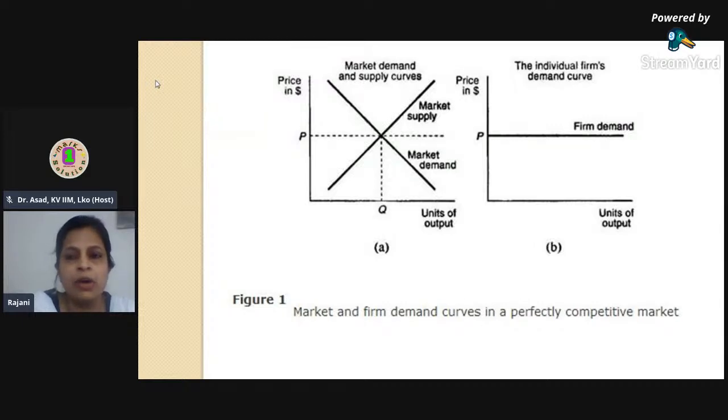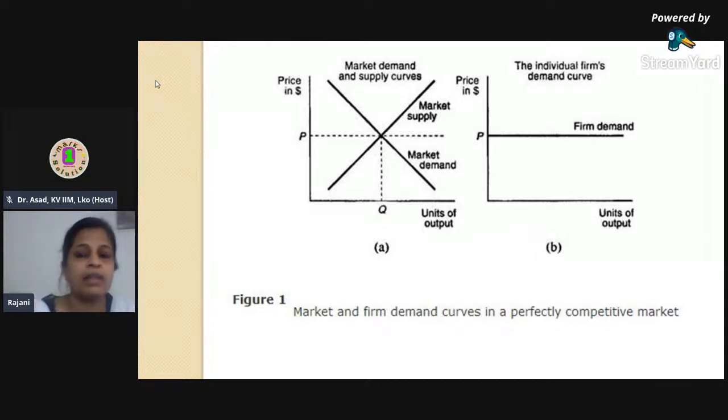The interaction of demand and supply decides the equilibrium price. Equilibrium price is where the market clears, like there is no excess and there is no deficiency. Both are equal. Demand and supply curves intersect each other, and that particular point decides the market.